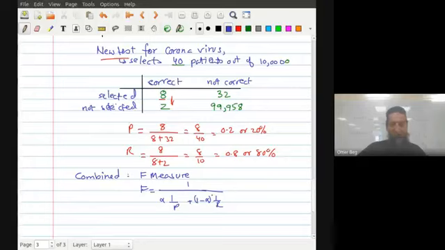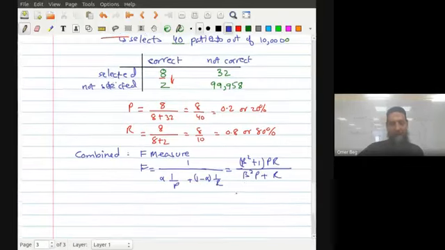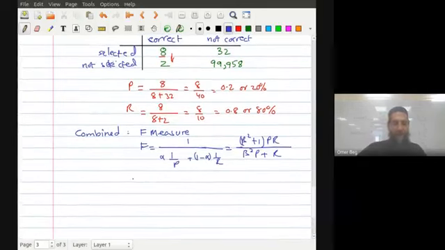If I convert this alpha into beta, that would become beta squared plus 1 times precision and recall multiplied together, over beta squared times precision plus recall. That's the F measure. And most popularly, what we use is called the F1 measure. F1 means the beta value is 1.